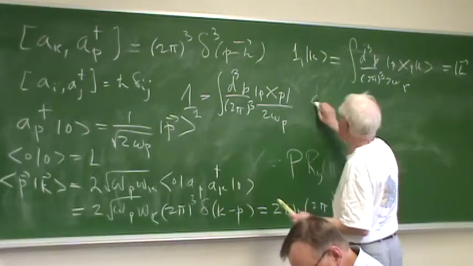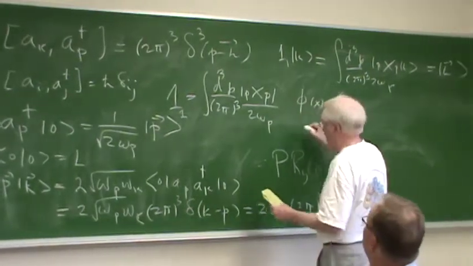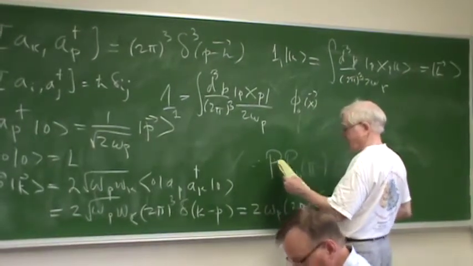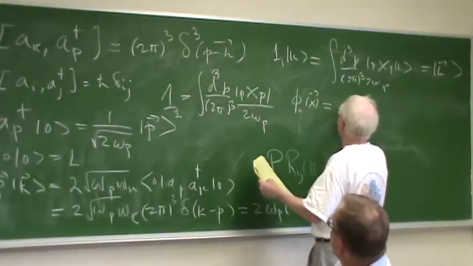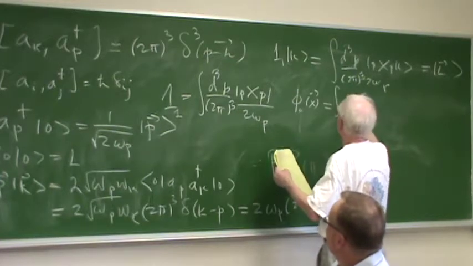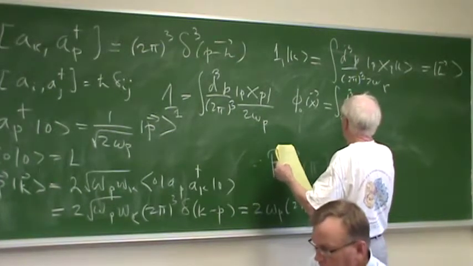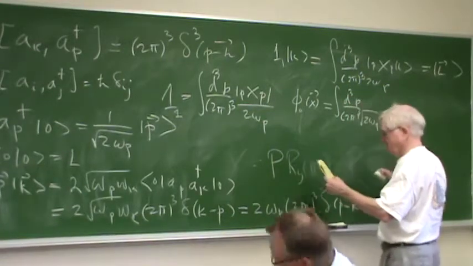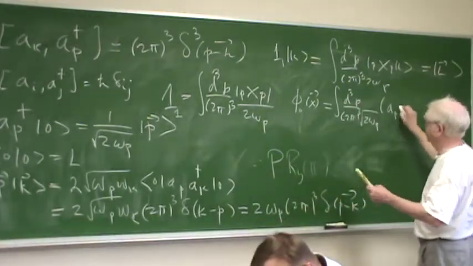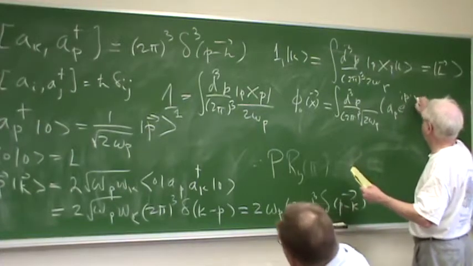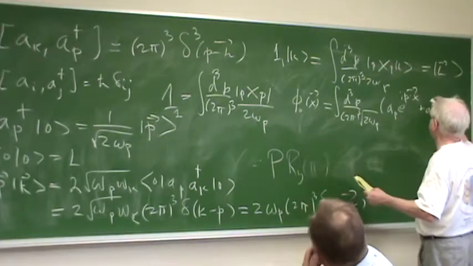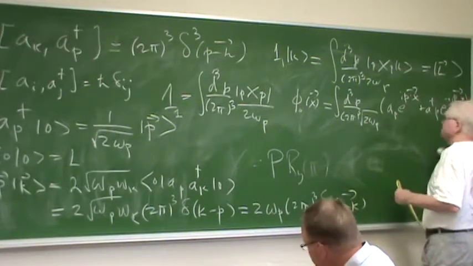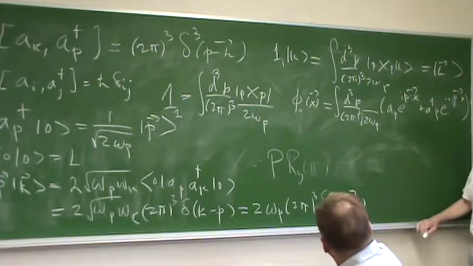This field, Schwartz sometimes puts a 0 there to say that it's a free field. Anyway, it's d^3p over (2π)^3 square root of 2 omega p, and now we have a sub p e to the i p dot x spatial plus a dagger p e to the minus i p dot x, just the 3-vector dot product.